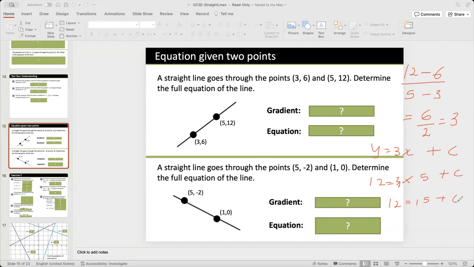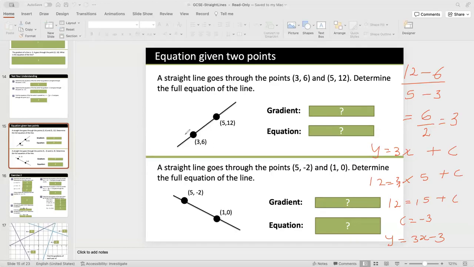C equals minus 3. So y equals, what's the gradient? 3x minus 3. That is it. 3x minus 3.